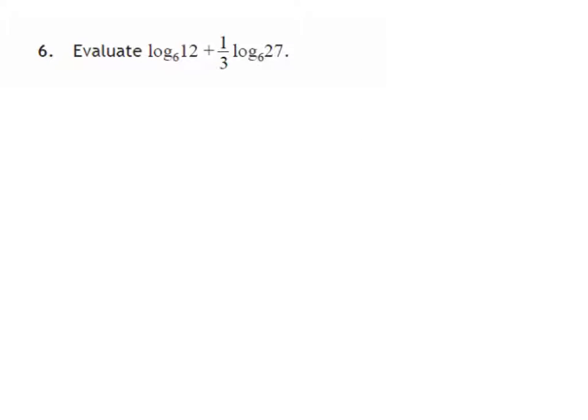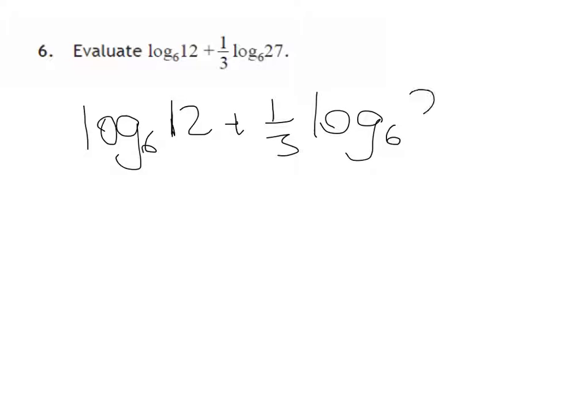Alright, the first question, question number 6 apparently, is to evaluate log to base 6 of 12 plus 1/3 log to base 6 of 27. So it's a straightforward achieved level problem using the log rules.